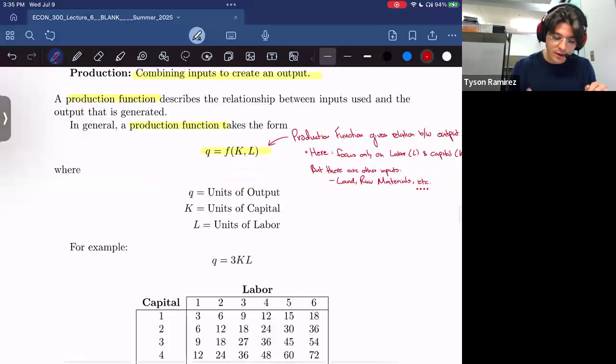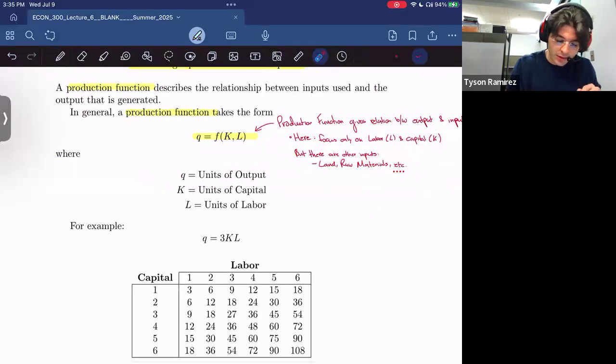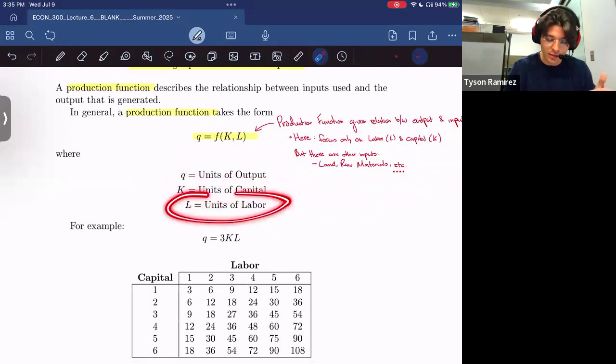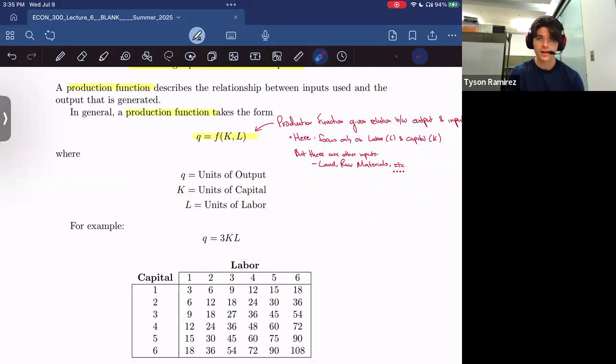And so the quantity of output that you produce is going to depend in some way on how much capital you're using and how much labor you're using. For example, consider this production function, a Cobb-Douglas production function.